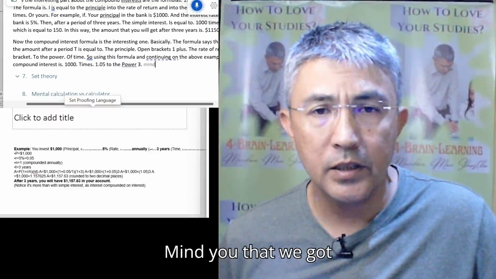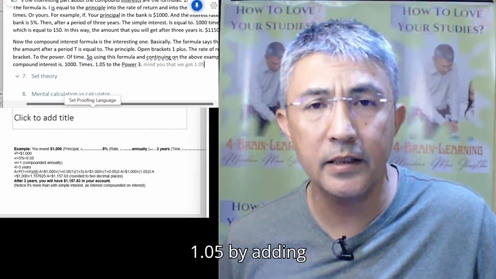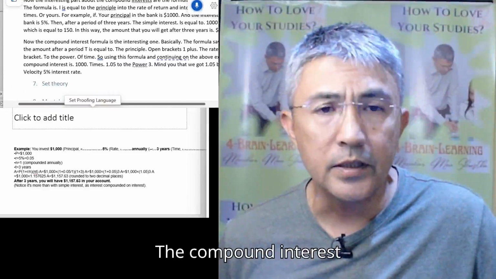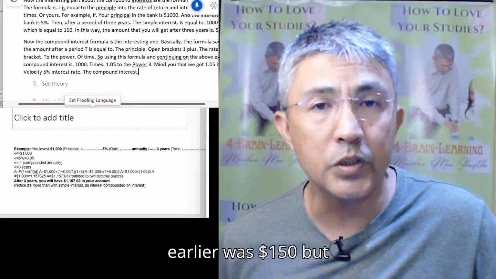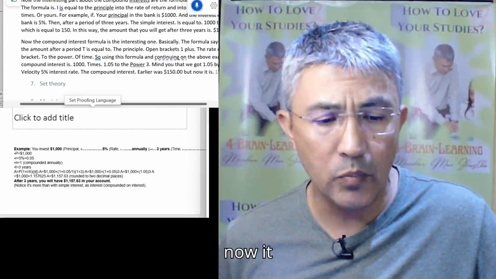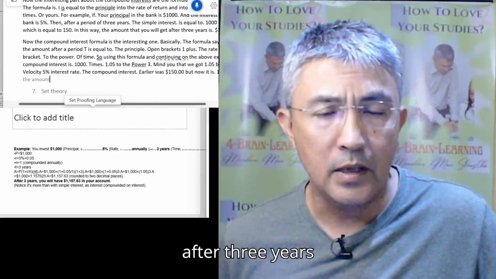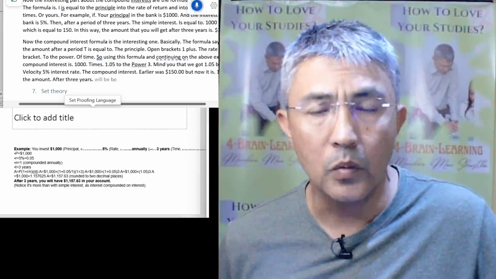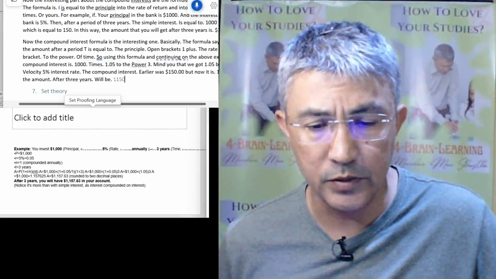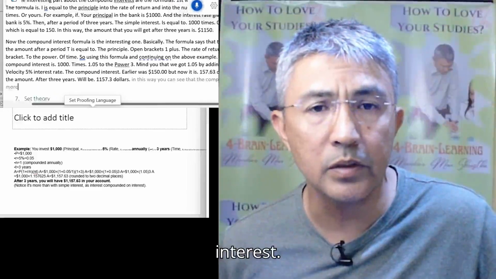Mind you that we got 1.05 by adding 1 plus the 5% interest rate. The compound interest earlier was $150, but now it is $157.63. So the amount after 3 years will be $1,157.63. In this way, you can see that the compound interest is more than the simple interest.